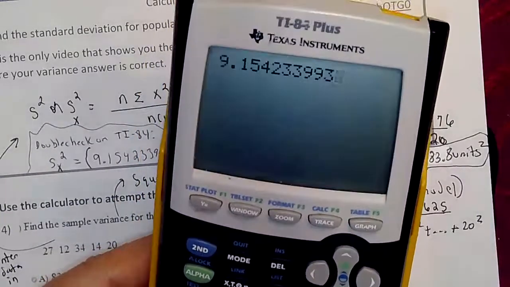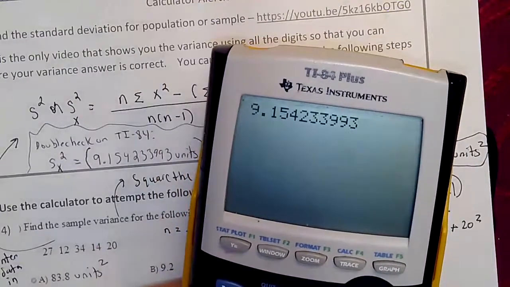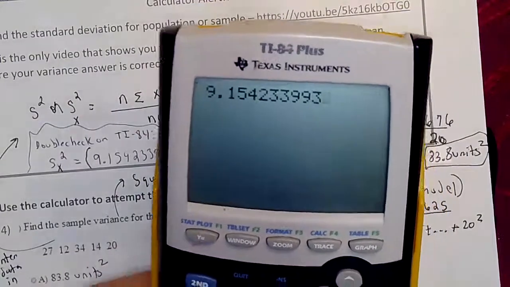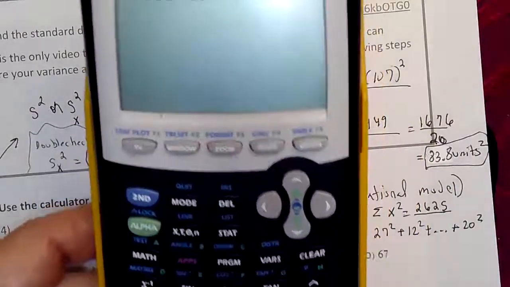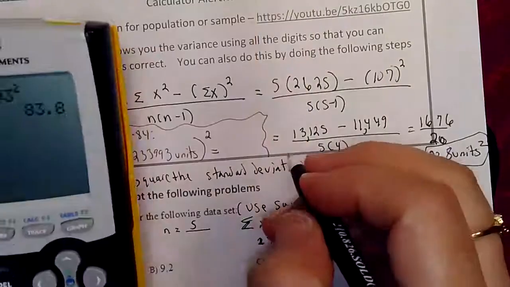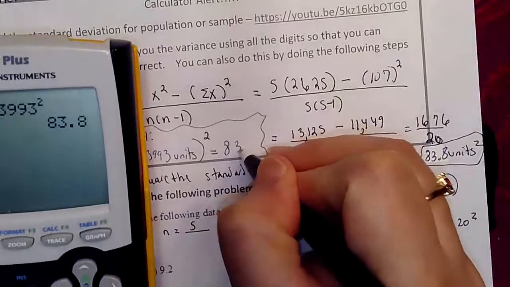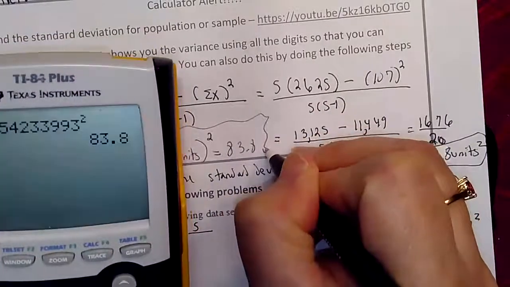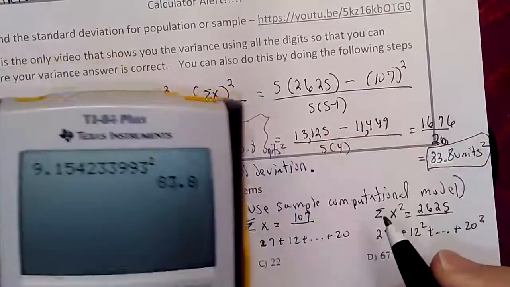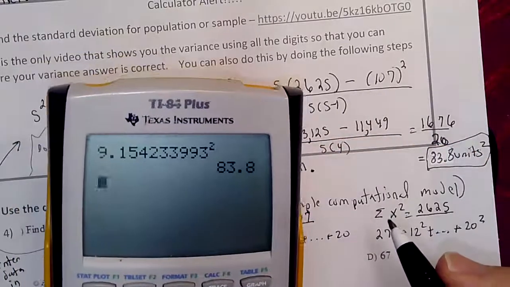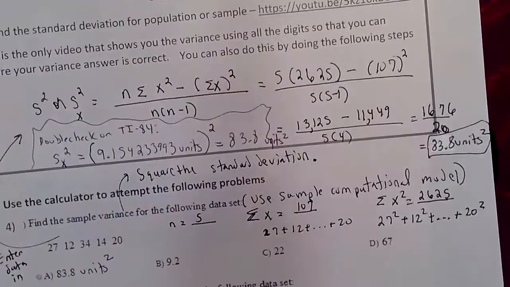Is that right? I'm going to hit this squared key right here. Okay, and enter. And then that gives us 83.8, and this is units squared. Okay. So yeah, that checks out.